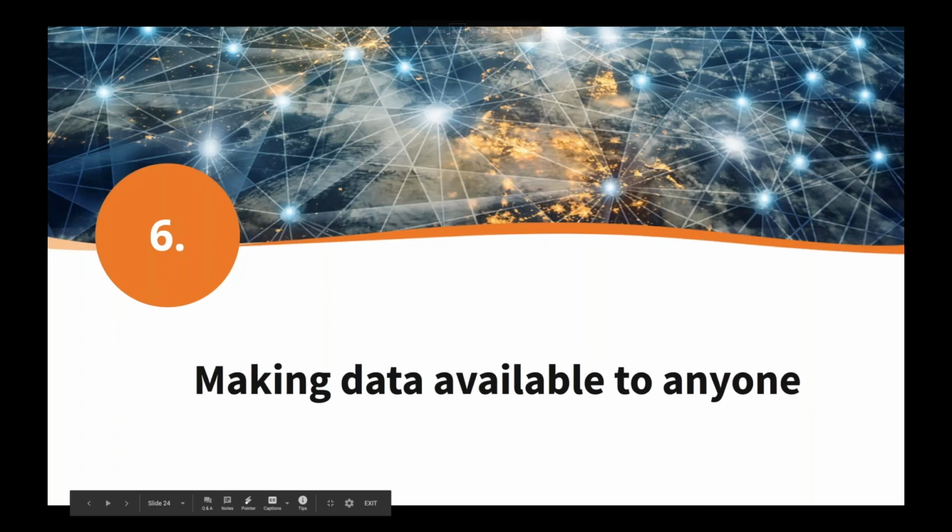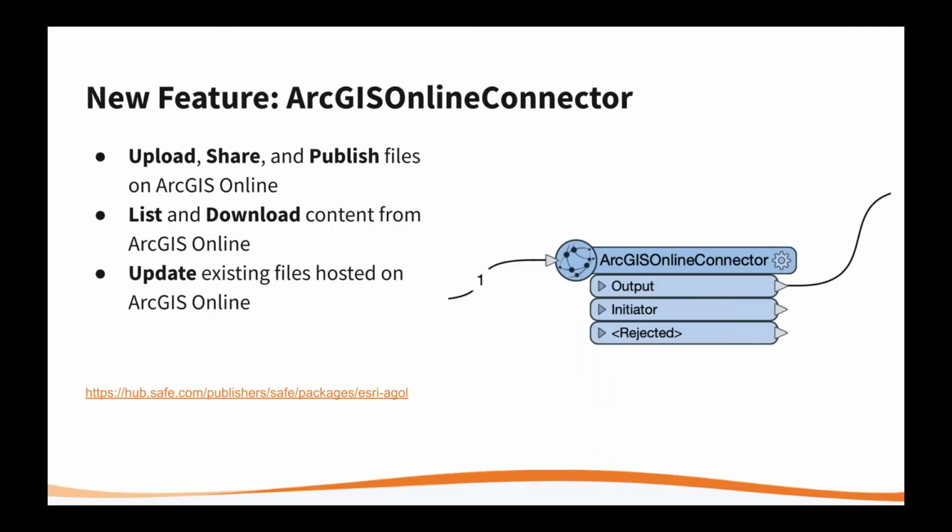Yeah, so this just gets into making data available to anyone. This is where we start looking at this brand new transformer, the ArcGIS Online connector. It was very recently released, but it was released as a package on the FME Hub. This is the link to go find that if you wanted to see a bit more information about that transformer.